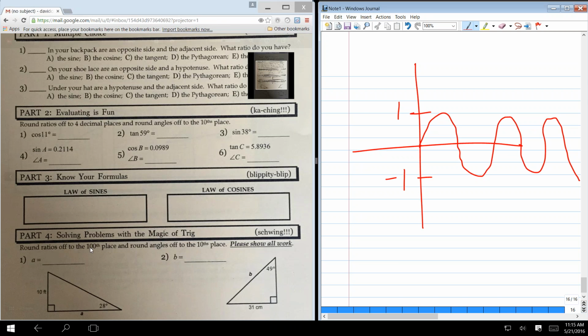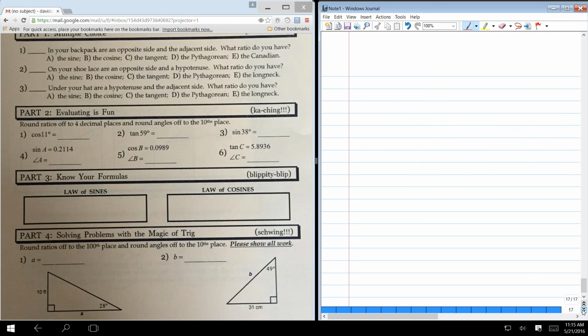Okay. What's the law of sines? I don't quite remember. The law of sines is the easy one. The sine of the angle over its opposite side is a constant in any triangle.